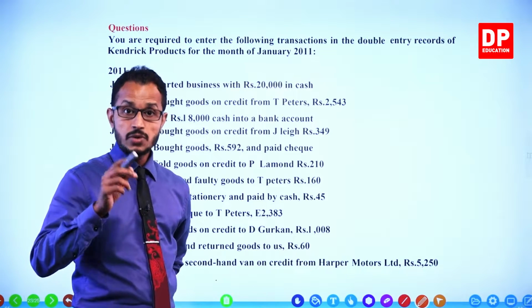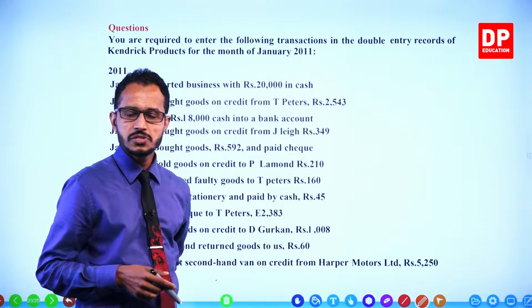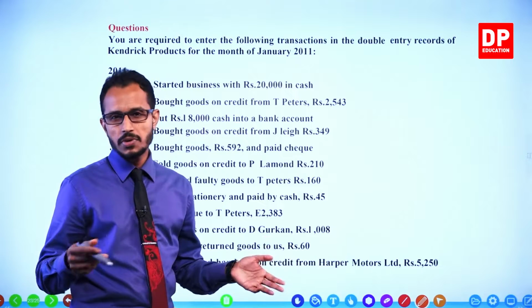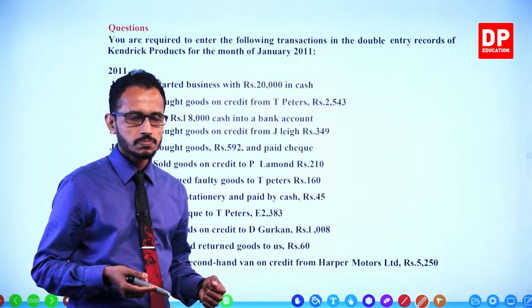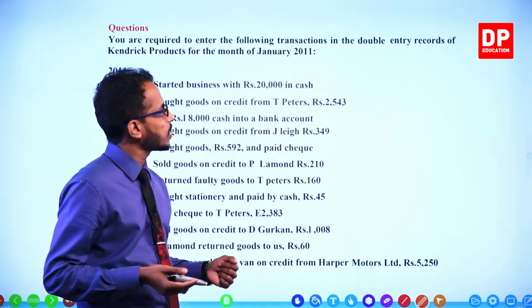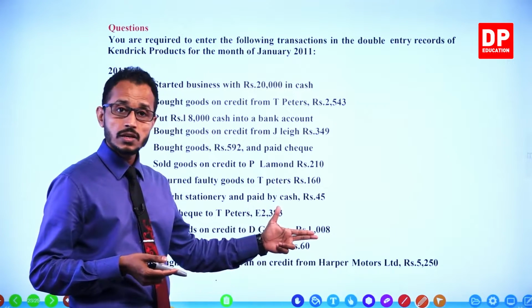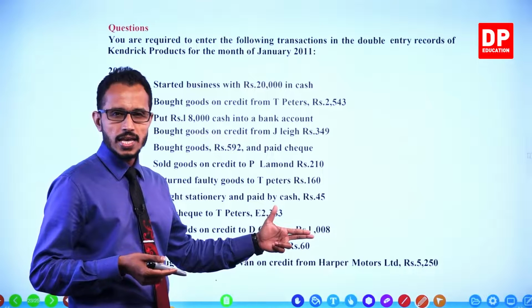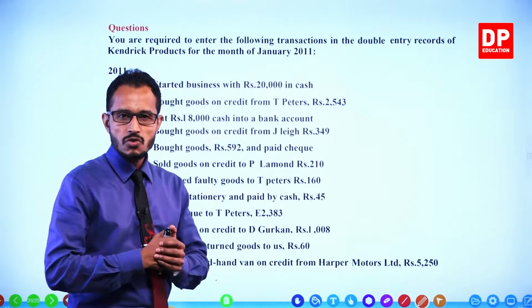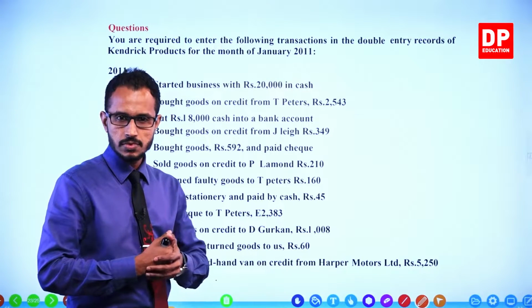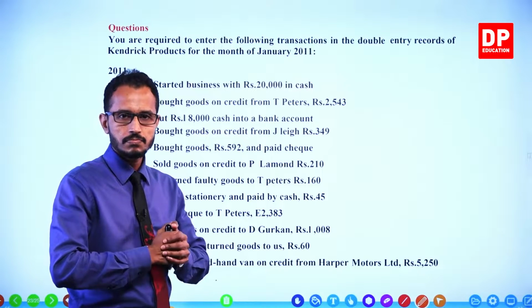Kendrick Products. That is a business which must be producing some sort of products. And they have provided us with this information, the transactions for the month of January 2011.